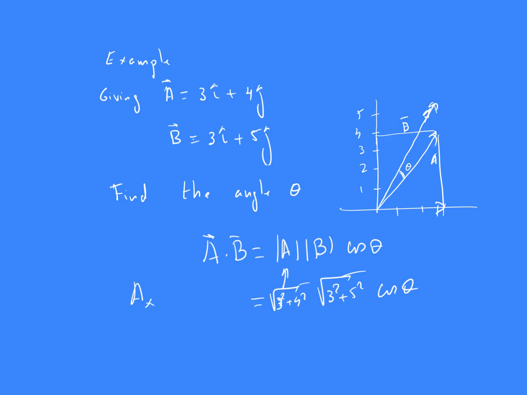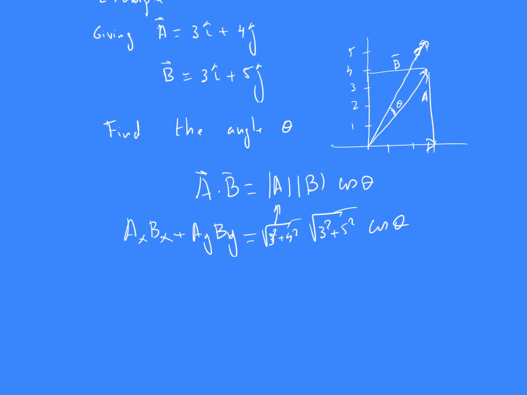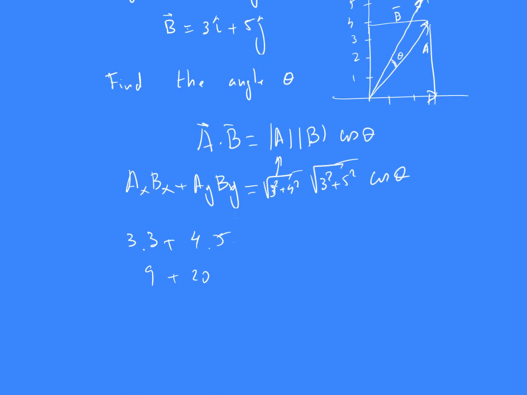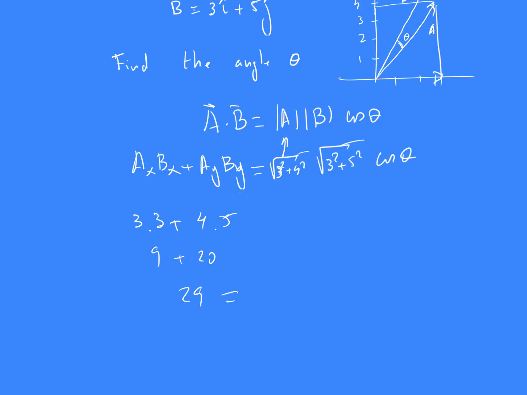It is Ax Bx plus Ay By. What is Ax? 3. Bx, 3, plus Ay, 4, By, 5. 3 times 3 is 9, plus 20, is 29. So 29 equals the square root of 3 squared plus 4 squared, 16 plus 9, square root of 25, times the square root of 9 plus 25, times cosine of theta.